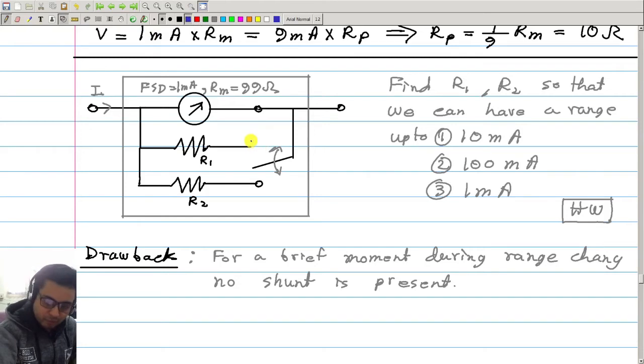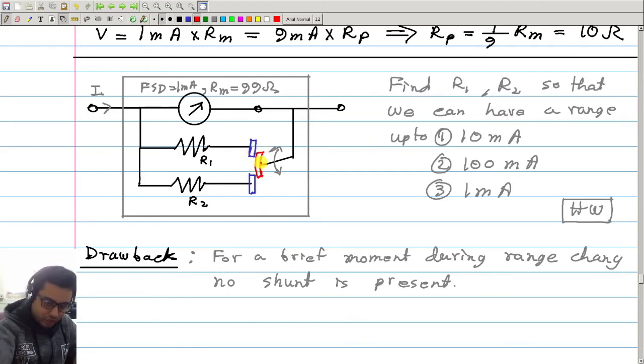We will modify our switches like this, so that when this switch is changing its position from R1 to R2, for that brief moment it will touch both these resistances.